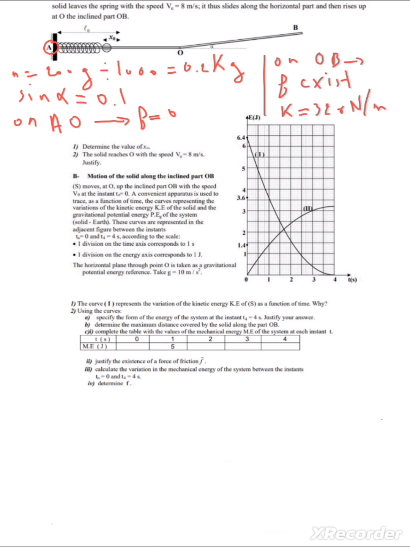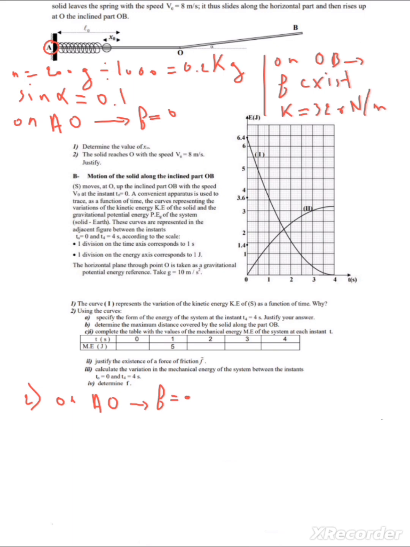Part 2. The solid reaches O with the speed v0 equal 8 meter per second. Justify. Okay. On AO, friction equals 0.